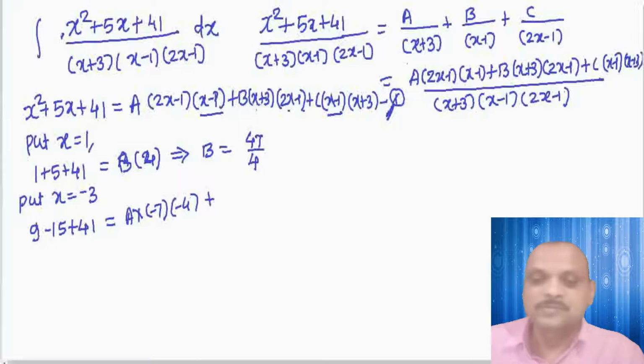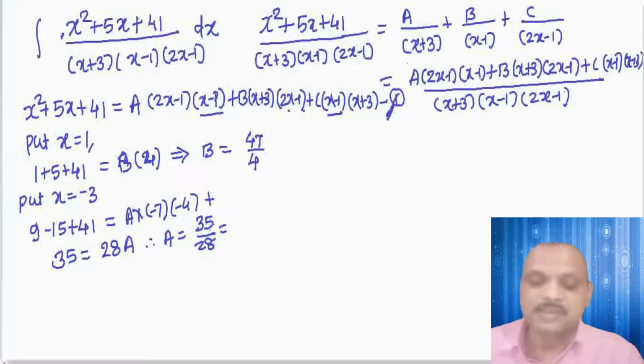The B and C terms are 0, since plus 3 and minus 3 gives 0. So 9 minus 15 plus 41 gives 35. 35 equal to 7 into 4, that is 28, into A. This will be A equal to 35 divided by 28.